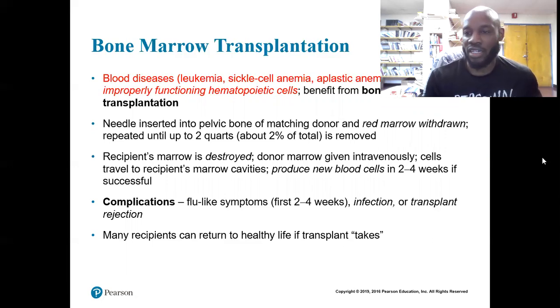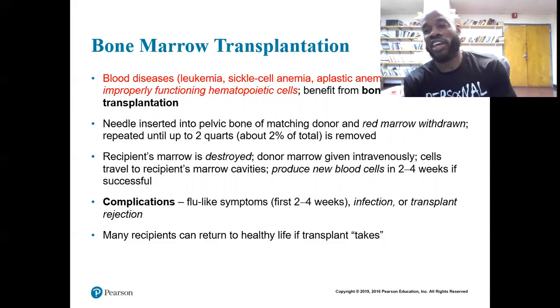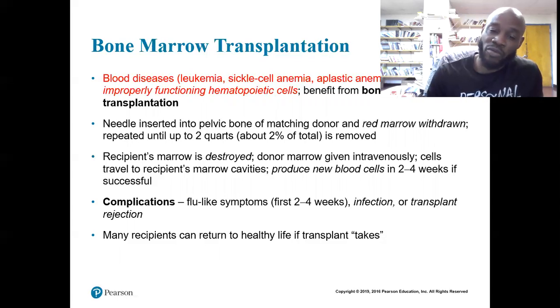I know this firsthand because my wife suffers from sickle cell anemia, and so what happens is that if a matching donor, somebody who is a good match, what they do is they withdraw healthy red bone marrow from one person and introduce it intravenously into another, and hope that it takes, basically.